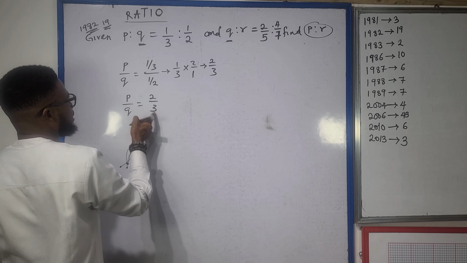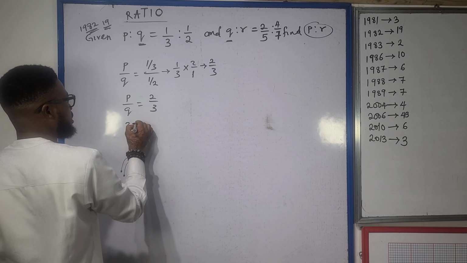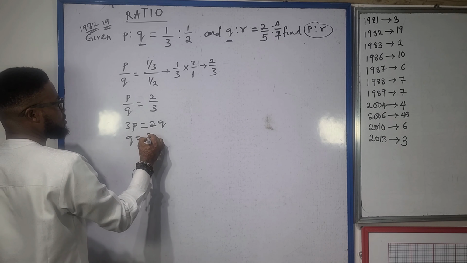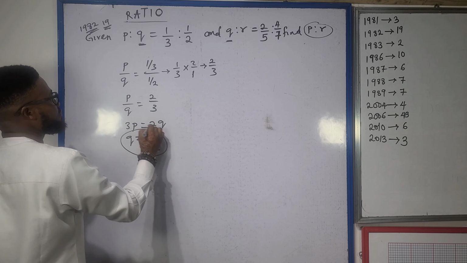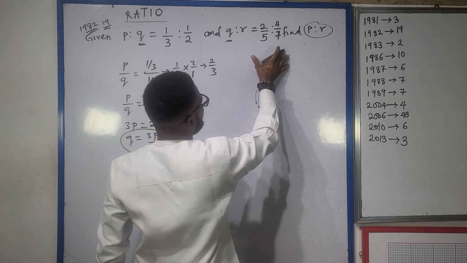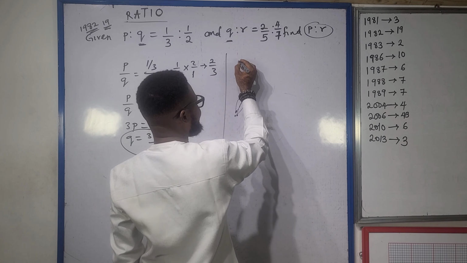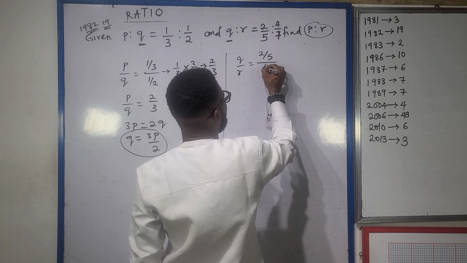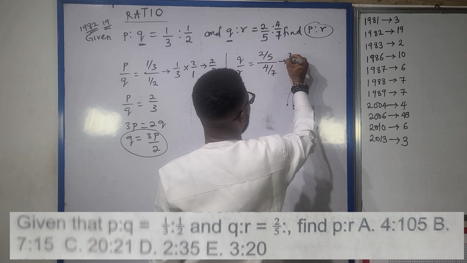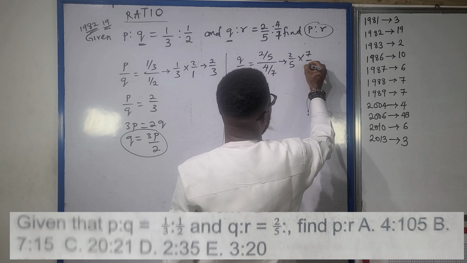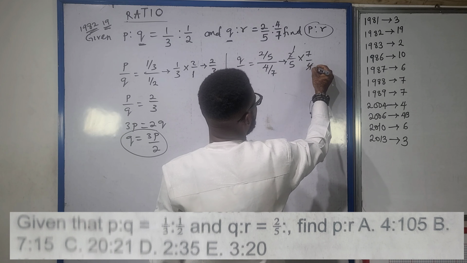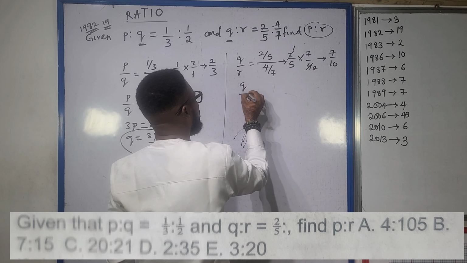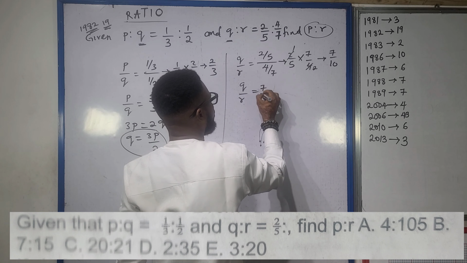What this means is that P over Q equals 2 over 3. So Q comes here, 3 comes here, 3P equals 2Q. Trying to make Q the subject, Q will be 3P over 2. That is for this side. For this, Q ratio R equals 2 over 5 divided by 4 over 7. This will mean 2 over 5 times 7 over 4. 2 into 2 is 1, 2 into 4 is 2, that is 7 over 10. So Q over R equals 7 over 10.